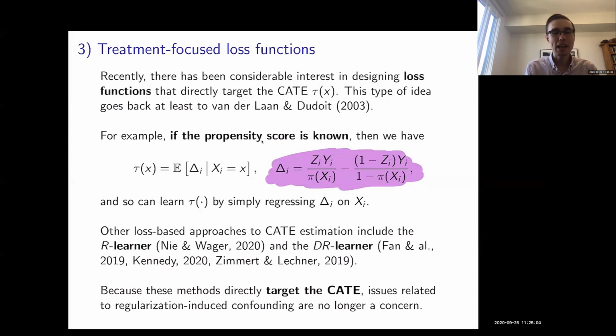So you could estimate tau of x by regressing delta i on x. It's not necessarily the most powerful thing you could do, but there's no confounding from baseline effects anymore. You're just directly targeting tau of x.